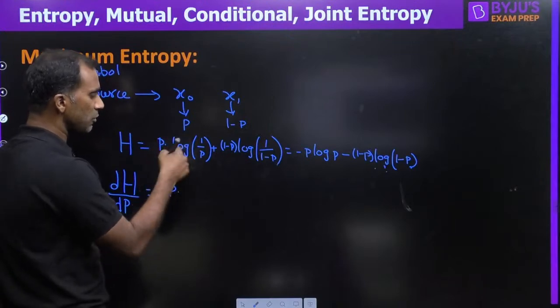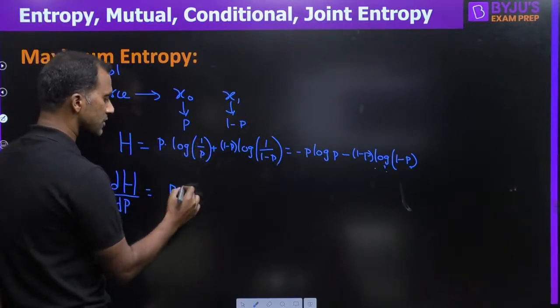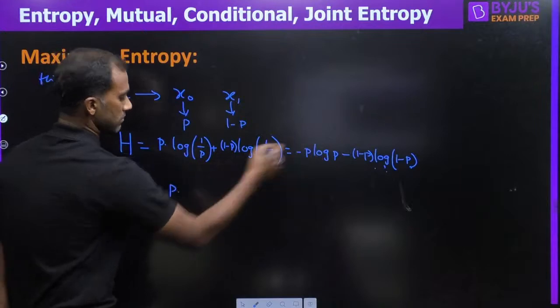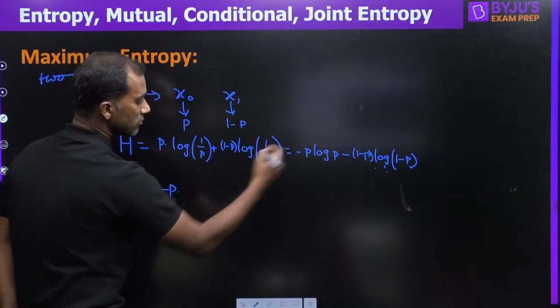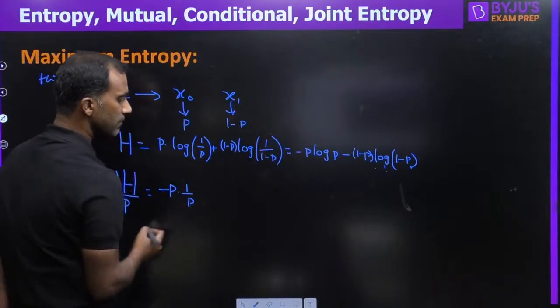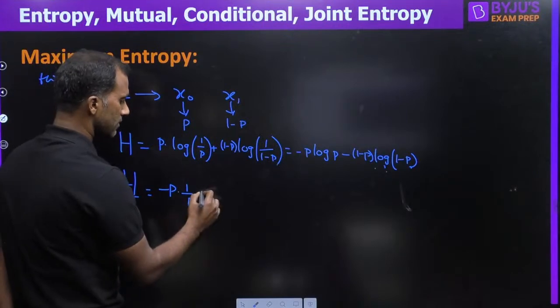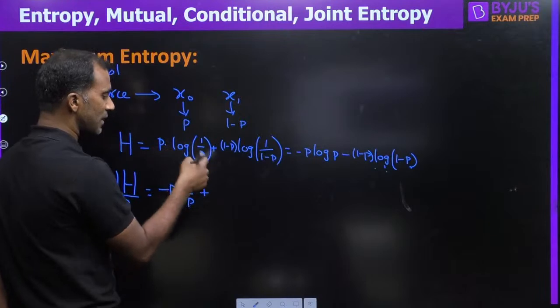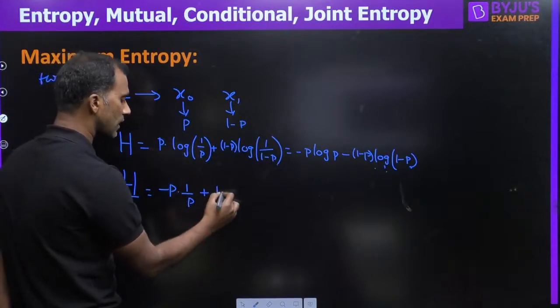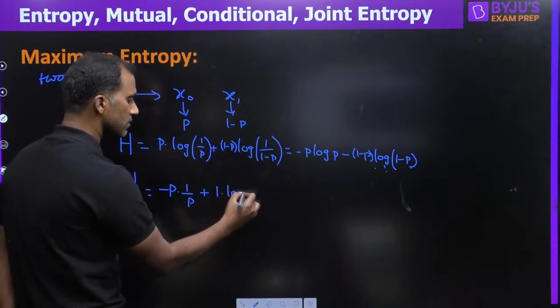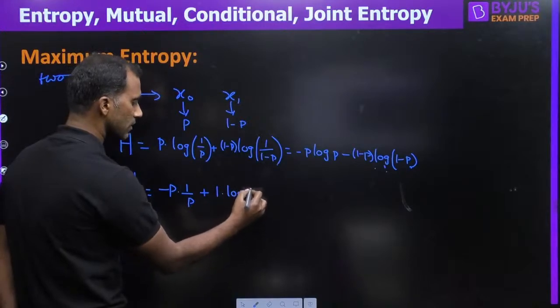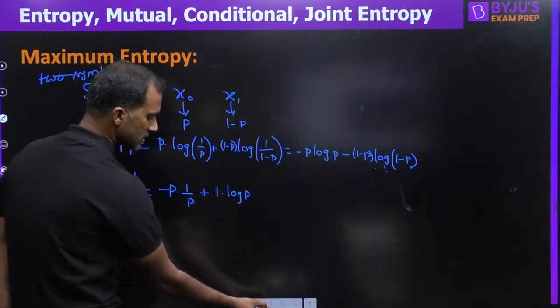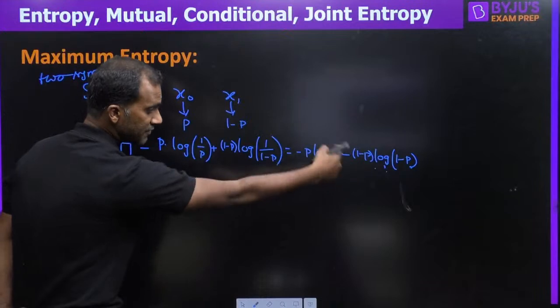So I'm just applying the uv rule, uv dash. Logarithm of p, with the minus outside, differentiation is 1 by p. Next plus, uv dash is done, u dash v: p differentiation is 1, and logarithm of 1 by p is log p, that minus as it is because we have taken that minus outside.